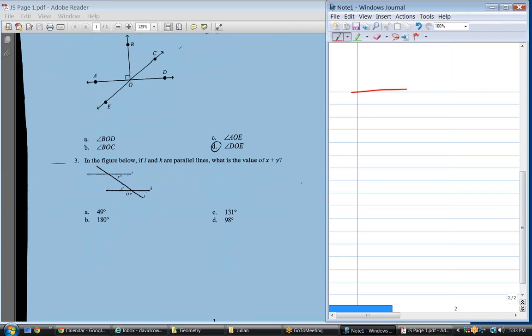We have two parallel lines, and we have a transversal. Now, I'm going to draw a bunch of angles here. Actually, I'm not going to draw them, I'm going to label them.